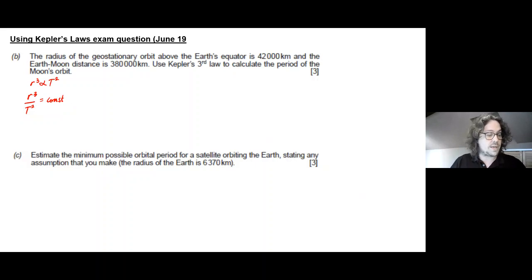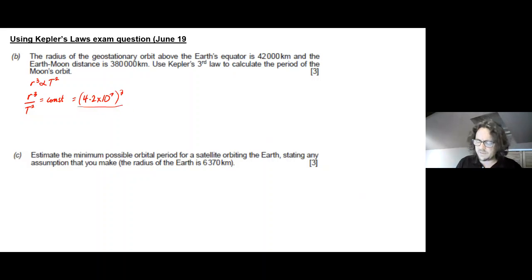So what we're going to do is work out, in the case of the geostationary orbit, what that constant is. We're told that the orbit is 42,000 kilometers. I'm going to change that to standard form. So it's 4.2 times 10 to the 7, cubed, divided by the time.